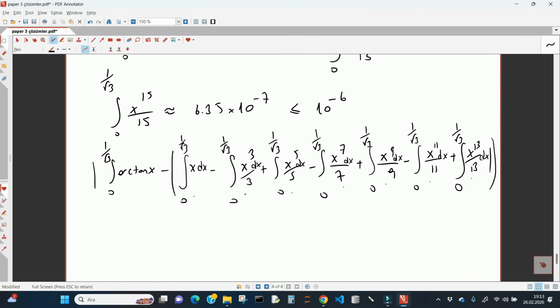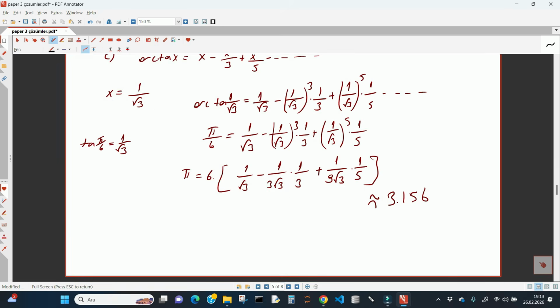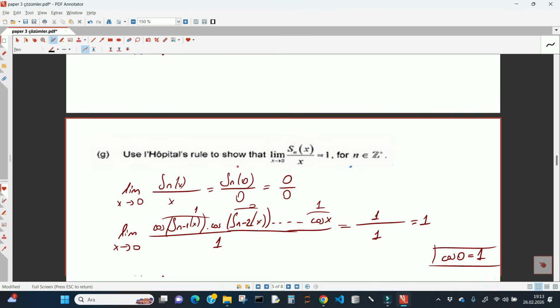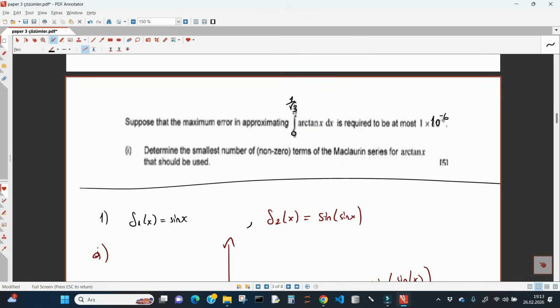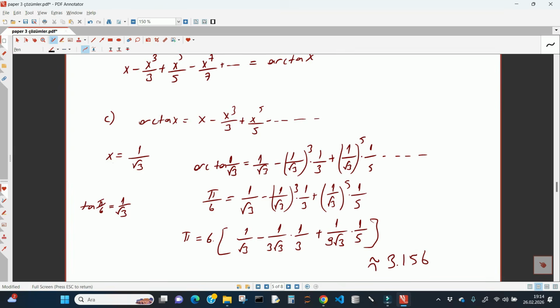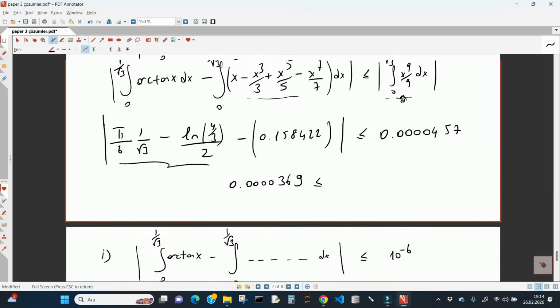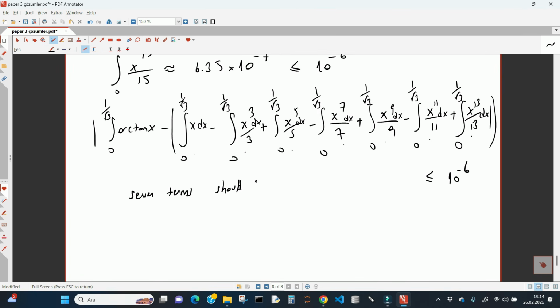Okay. If we write the first 7 terms, then we can say that the error will be less than or almost 10 to the power of minus 6. Yeah, 7 terms should be used. We can write should be used.